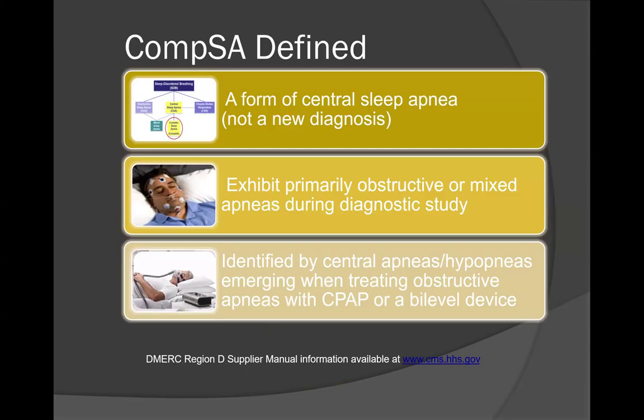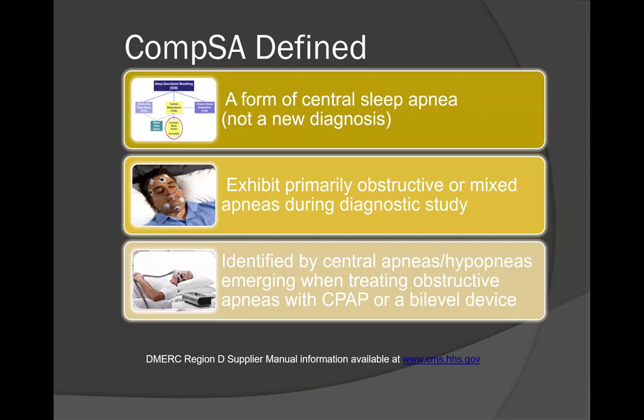Now, the definition for complex sleep apnea is a form of central sleep apnea. Unlike mixed apnea, which is grouped into the obstructive component, it's not grouped into the central apnea. However, complex is grouped into the central apnea, okay? And it's exhibited primarily with obstructive or mixed events during the diagnostic night, right?